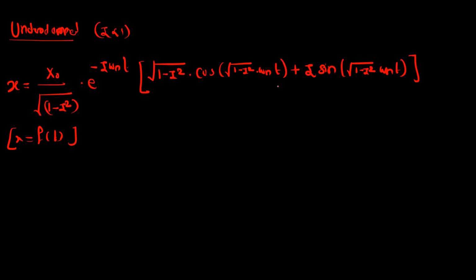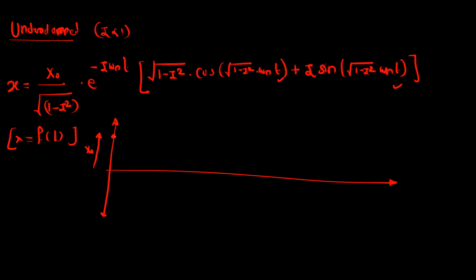So if you plot this waveform by selecting various values of time starting from 0, then this graph will be an oscillatory waveform. Suppose we have given some initial displacement x0, let's say 1 centimeter, 2 centimeter.